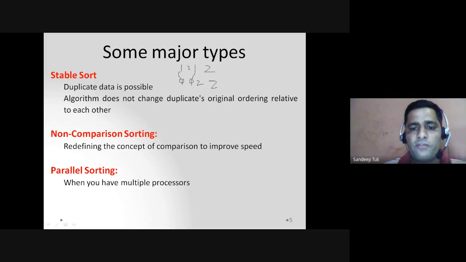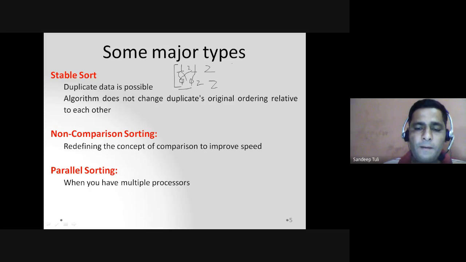It means the order of 2 ones or 2 duplicate numbers needs to be maintained. That is called stability feature of the sorting algorithms. अब suppose कि ये वाला वन यहाँ आ जाए और ये वाला वन यहाँ आ जाए, then it is not stable sort. So the algorithm which ensures that the order is maintained, then it is called stable sorting algorithm.